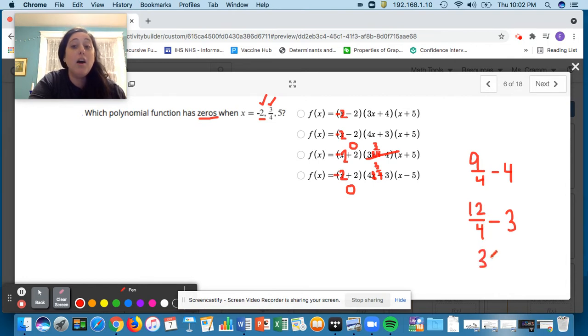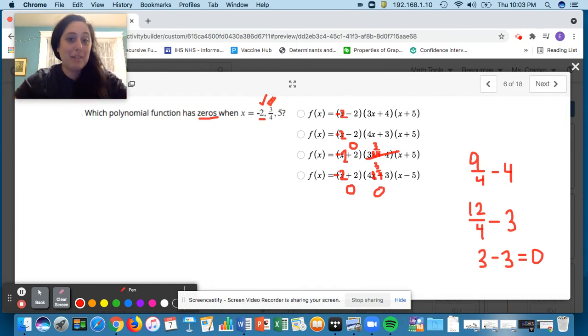Oh, and so here, 3 minus 3, that does equal 0. So if I replace 3/4 for x in this middle factor, it will simplify to a 0. I'm glad that I put the check. I put it a little too early, but that does work. 3/4 is a factor for this last one.